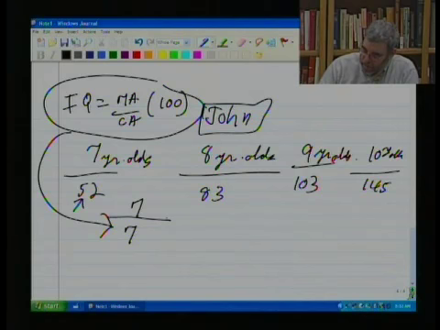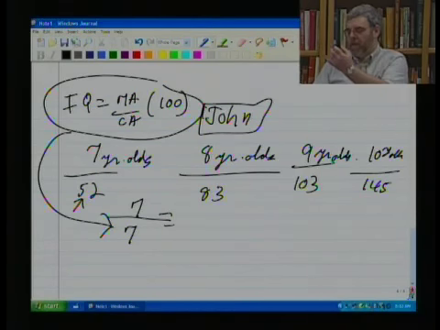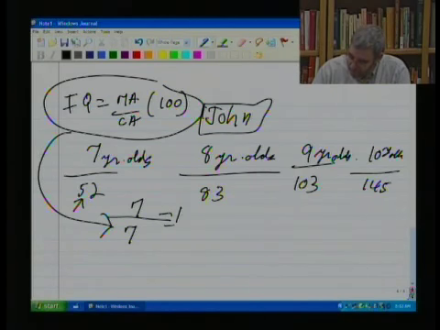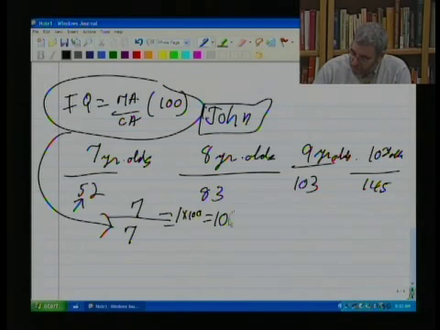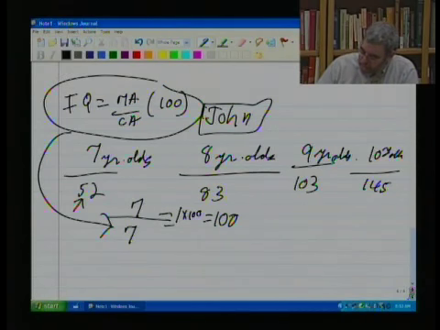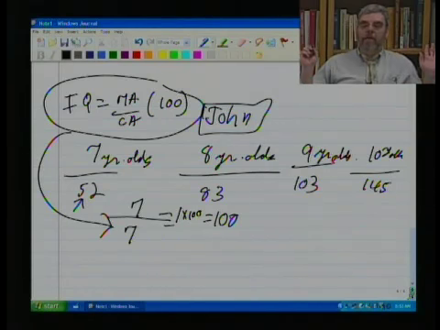So 7 divided by 7 is 1, times 100 is 100. So his mental age is the same as his chronological age.